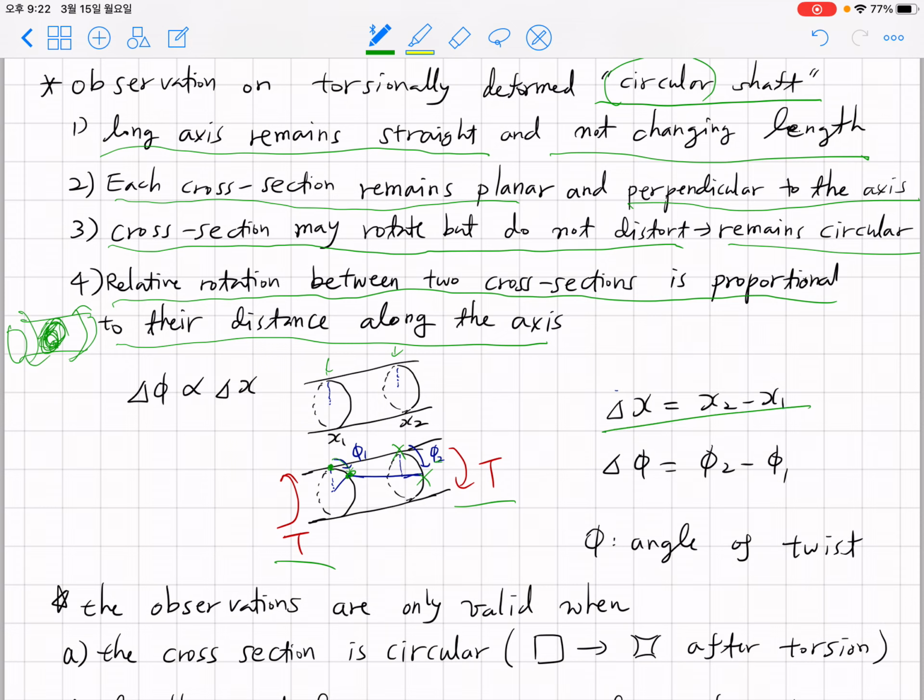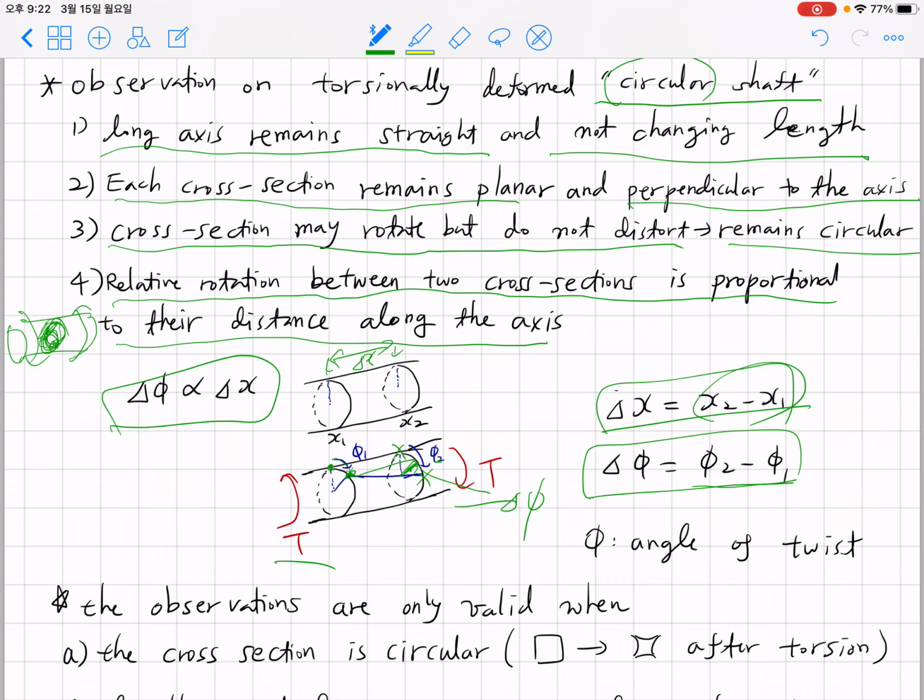If you define delta x as x2 minus x1, and delta phi as phi 2 minus phi 1, then the fourth observation says that delta phi is proportional to delta x. This is quite a strong condition, right?